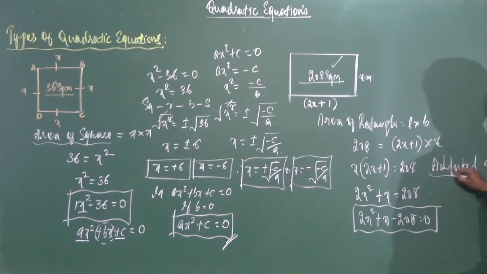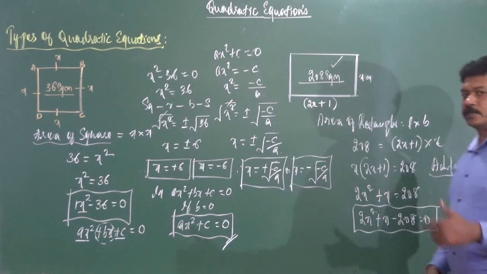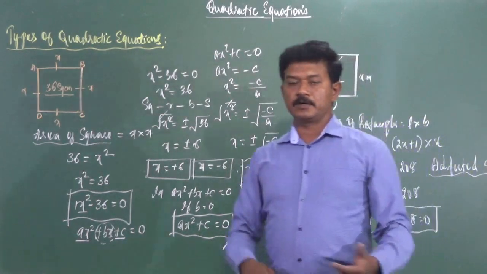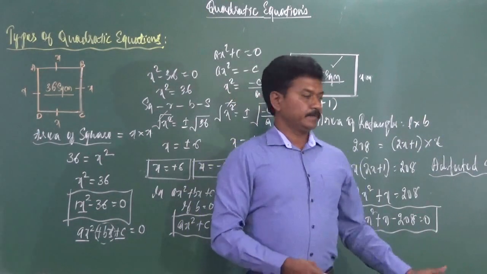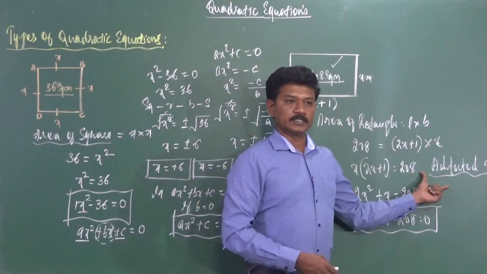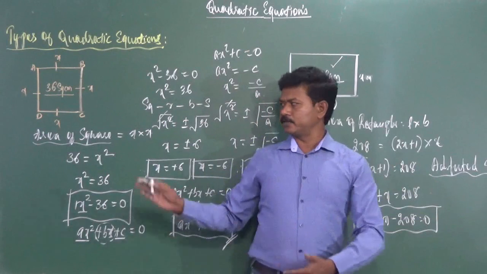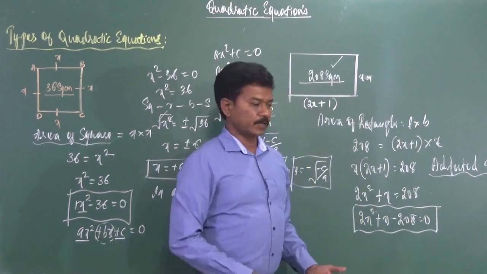Usually most of the quadratic equations we come across in the chapter will be affected quadratic equations itself, right? Very rarely are we going to come across pure quadratic equations.